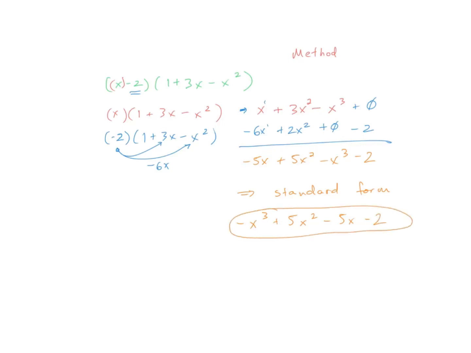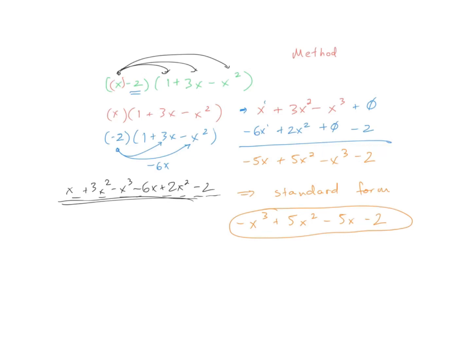I think this stacking is a great way to do it. You can take this and multiply everything to this, and then list it as a bunch of values, and then try to find your like terms, basically doing x plus 3x squared minus x to the 3 minus 6x plus the 2x squared minus the 2. You can list it like this and then look for your like terms, but I like stacking it to show my like terms.